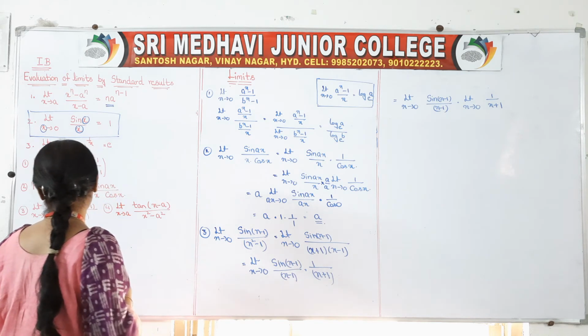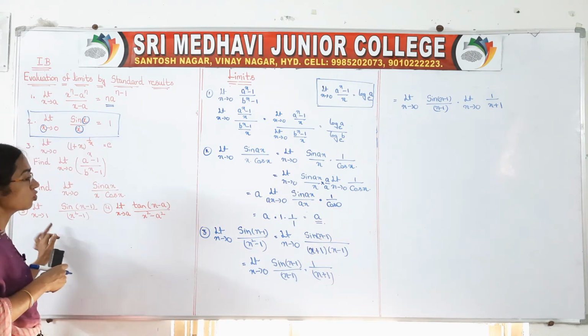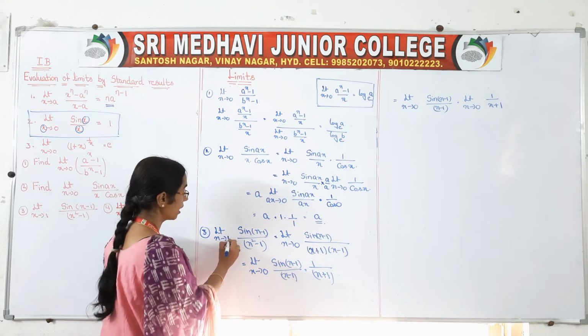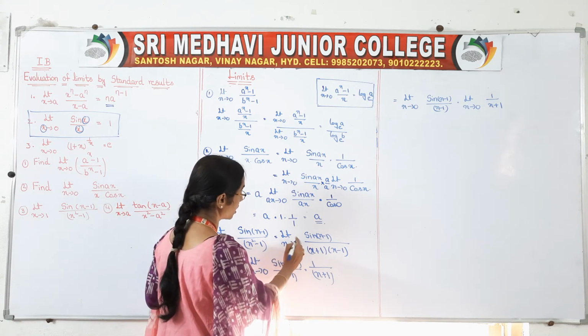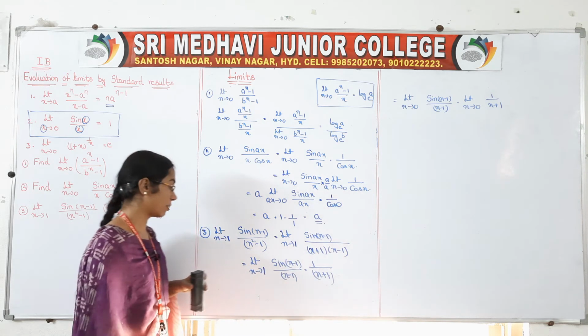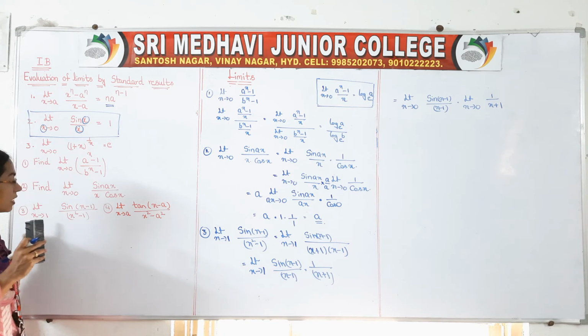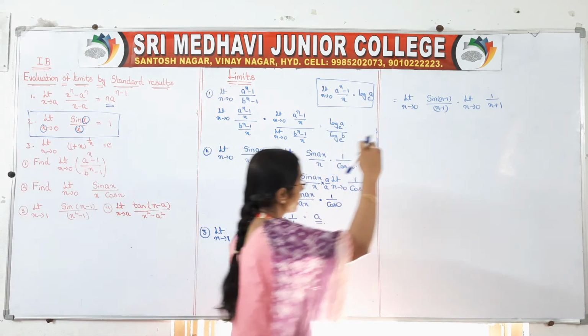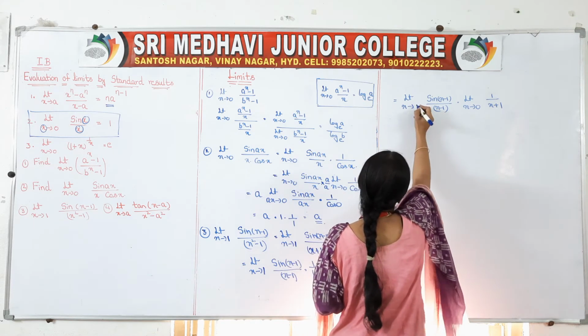What is the given limit here? x tends to 1, not 0. So be careful while taking the question. That's why I said while copying the question you should check two or three times. See, limit x tends to 1 is there, not 0.